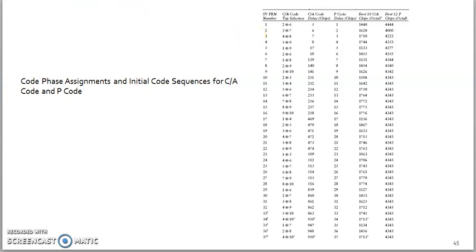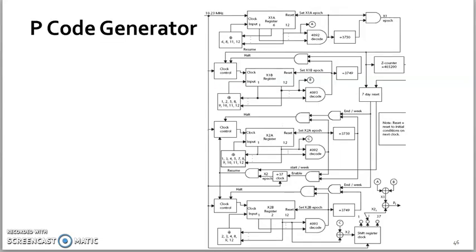So it is seen how the P code is generated and what its chip rate is. If you consider X1 and X2, the chip rate is about 1023, and with the 4 tap rate 12 bit, the chip rate is about 4093. We will not go into detail about this P code generator here.